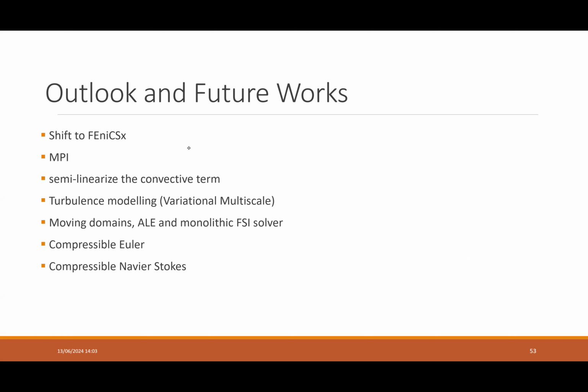Then immediately after all this, turbulence modeling using the variational multi-scale formulation would be the next step. And then further, an ALE-based formulation for fluid-structure interactions. And maybe far into the future, compressible Euler and compressible Navier-Stokes.